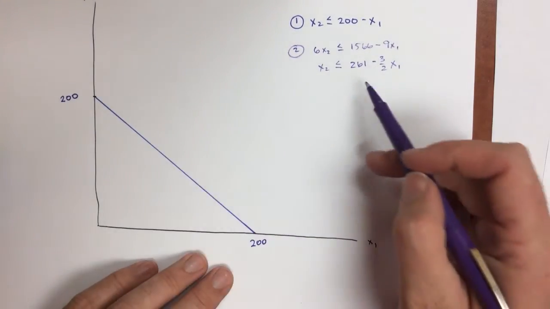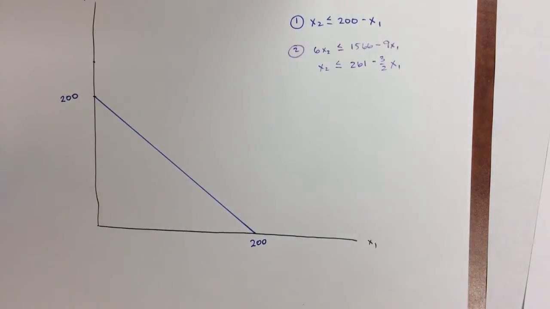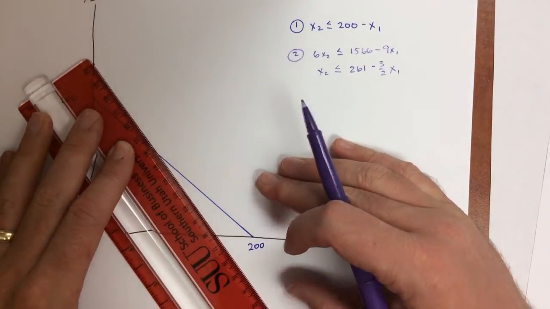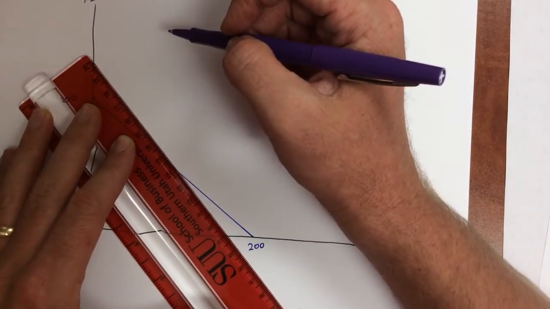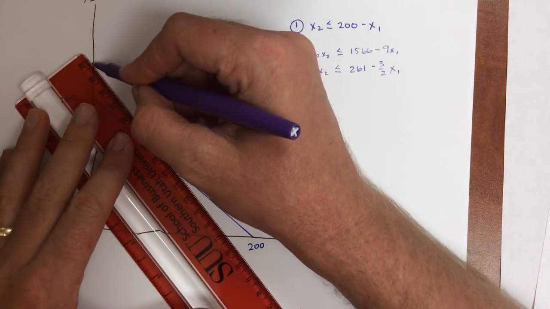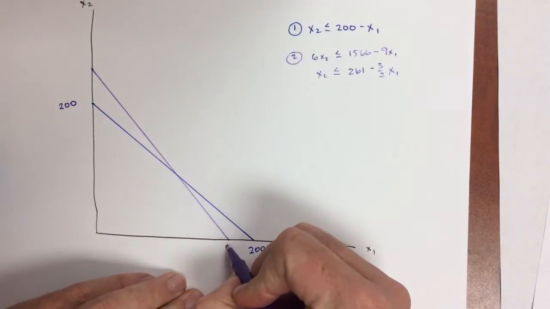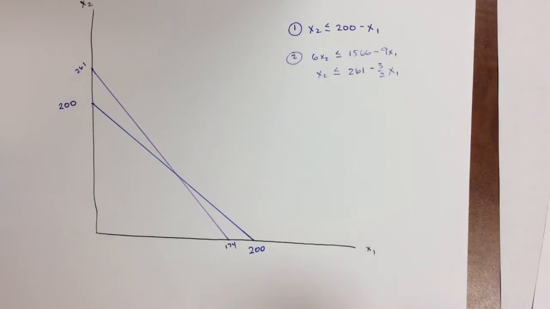So the y-intercept happens at 261, and it's going to have a slope of negative 3/2. So it's going to come down to about 175 or 174. I'm going to draw that something like that right there. So this is about 174, and this is about 261. Now I have two constraints.